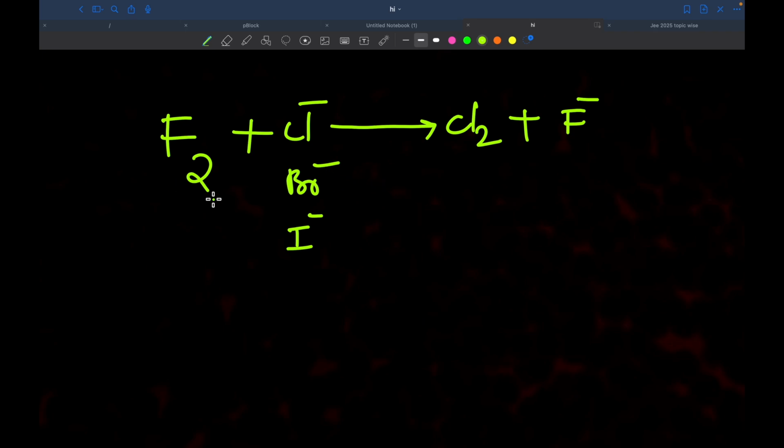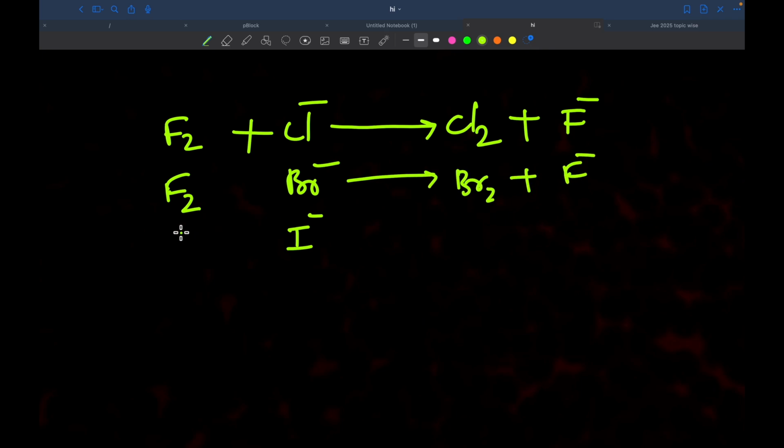Even fluorine reacts with Br minus to give Br2, and F minus is formed. Fluorine also reacts with iodide and gives you I2 plus F minus. These reactions are possible. Let us check which one is getting oxidized and which one is getting reduced in the reactions.